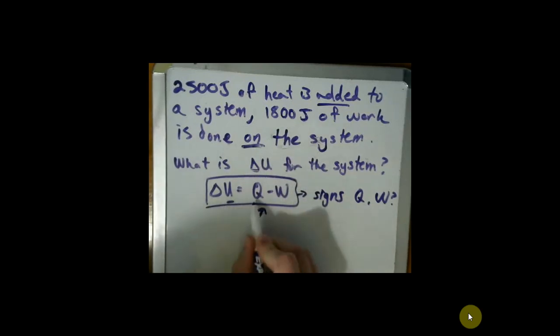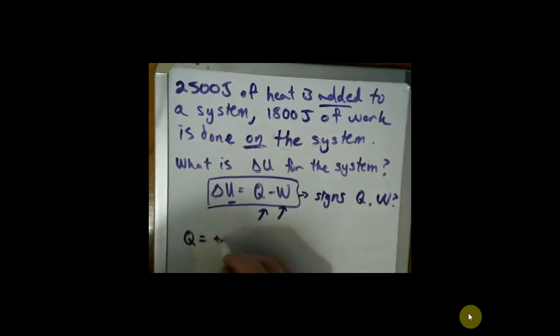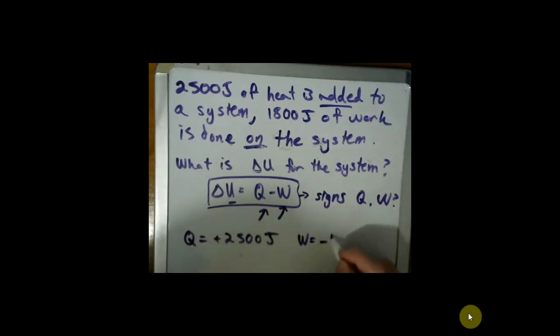Delta U equals Q minus W. But if we are going to add these two values, what is going to be the sign for W? So let's think about it. Q is equal to a positive 2,500 joules. Work is going to be equal to a negative 1,800 joules.